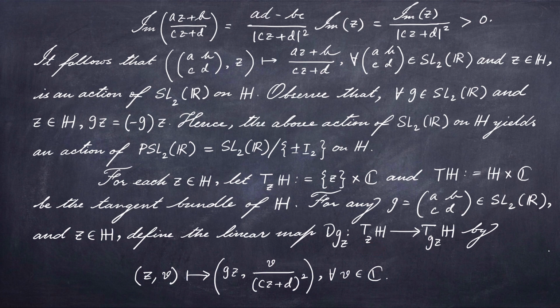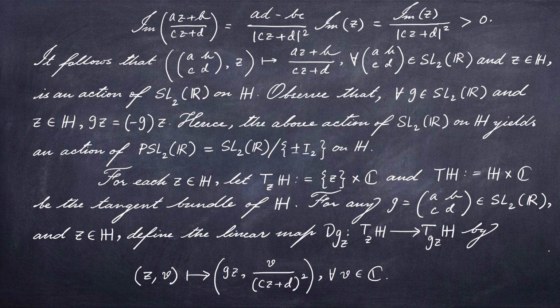So how is that map defined? We denote this map by DG at the point Z. A typical point here, which is a pair Z comma V, is now being sent to GZ as the first coordinate, and the second coordinate is V by CZ plus D whole square, where G is equal to A, B, C, D.